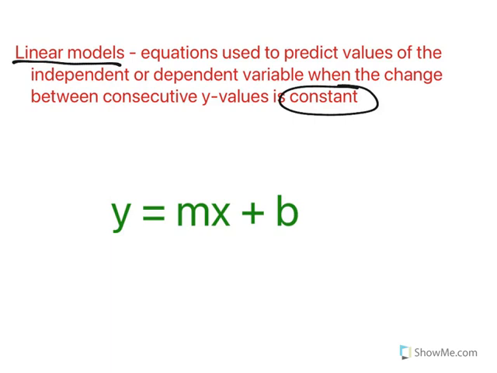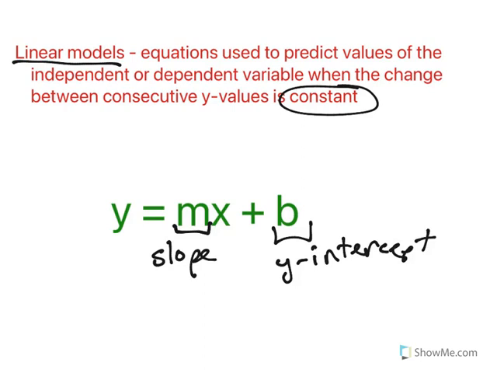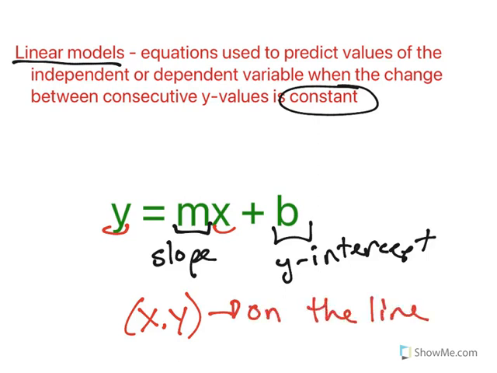You might recall that the slope-intercept form of an equation is y equals mx plus b, and the m value is the slope, the b value is the y-intercept, and that leaves x and y. Now, x and y are going to be any ordered pair on the line. Any of them.